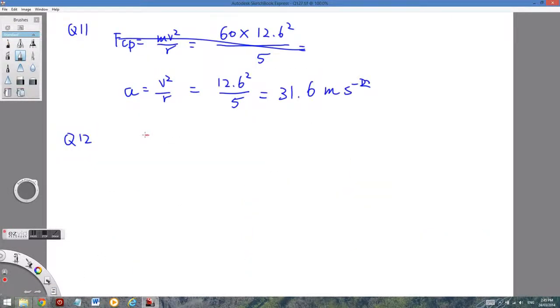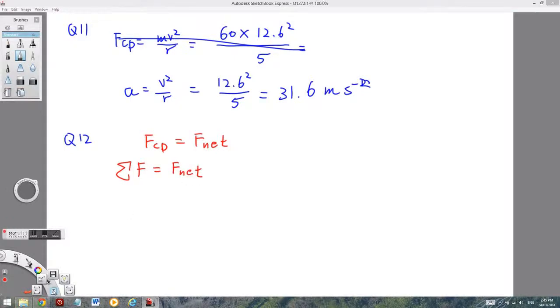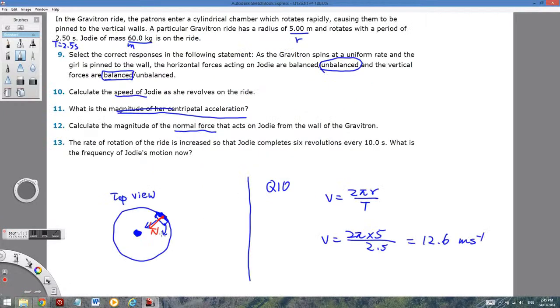So F_CP is your net force. From Newton's second law, the sum of all forces should be your net force. Now if we look at the diagram, the normal force is the only force there. There's no other force anywhere.